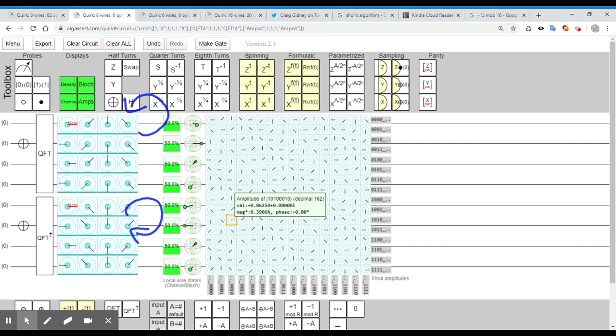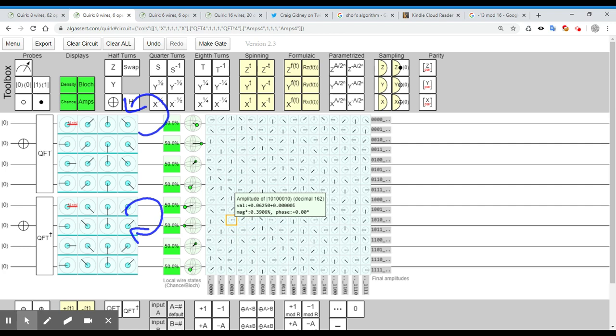If you want to do the opposite, you should use the inverse of the QFT, because the inverse is rotating counterclockwise. So it's kind of like winding the clock backwards.